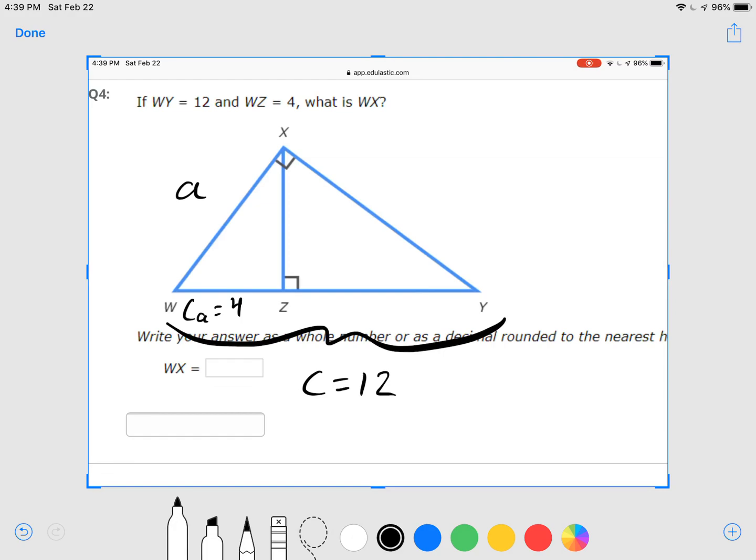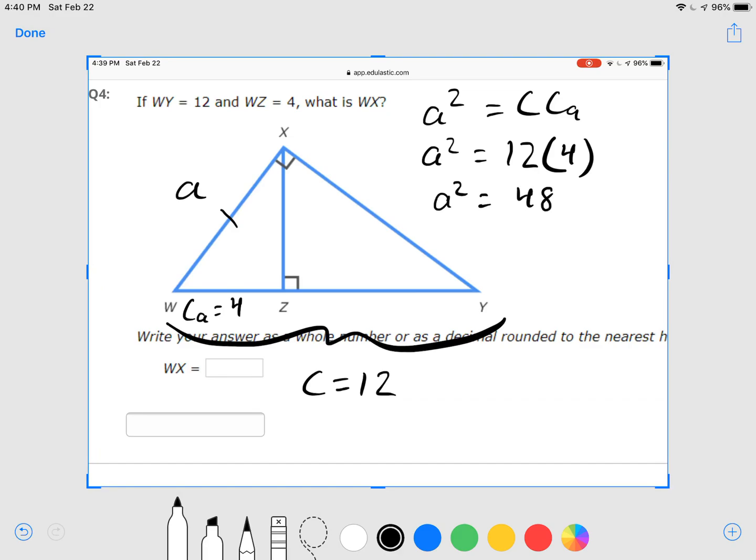And they're looking for WX, which is side A. So we're going to use the equation A squared is equal to C times CA. A we don't know. C is 12 and CA is 4. So you multiply these two and we get 48. Take the square root, plug it into the calculator, square root of 48, and A is equal to 6.93.